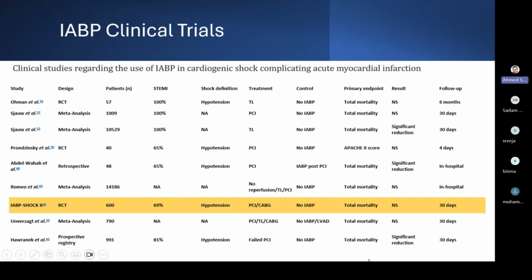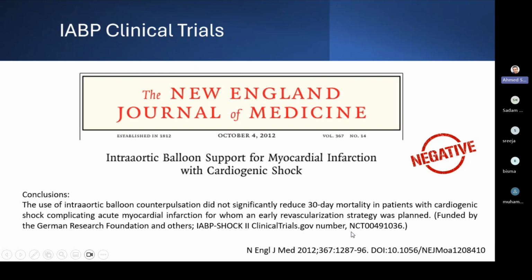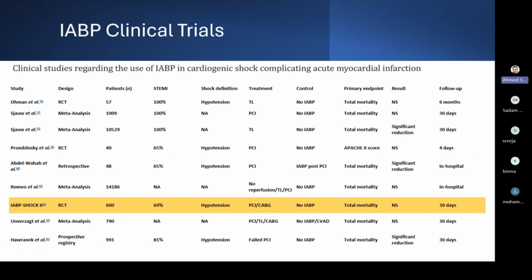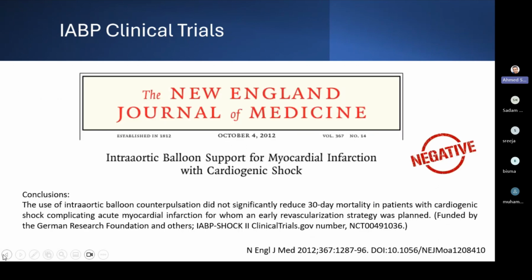From all these trials, only 3 were able to show mortality benefit, and the remaining trials were negative. The most famous trial is the IABP-SHOCK II trial, published in the New England Journal of Medicine in 2012. It was a negative trial, and there was no 30-day mortality benefit from the intra-aortic balloon.